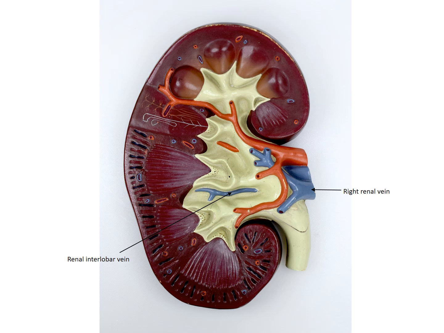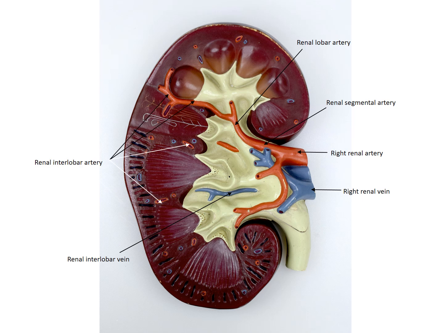We have to recognize here the blood vessels. You have renal interlobar vein, which fuse and form right renal vein. This is the right renal artery. Right renal artery give us the renal segmental artery. Renal segmental artery continue with renal lobar artery.